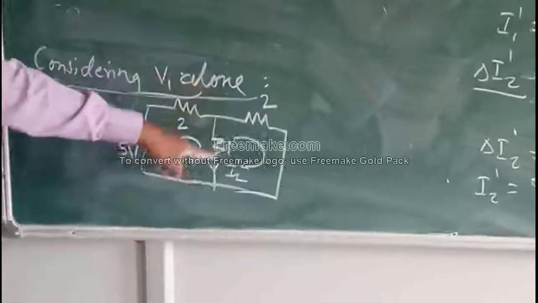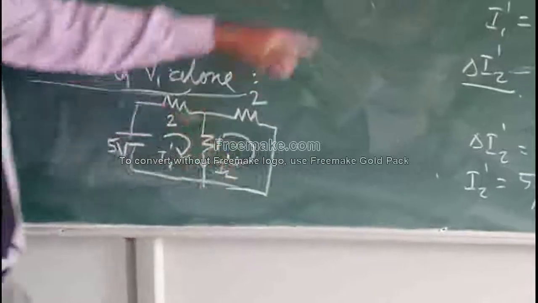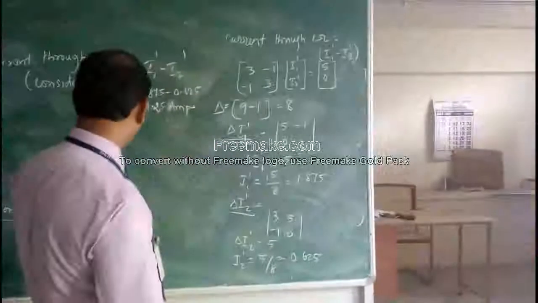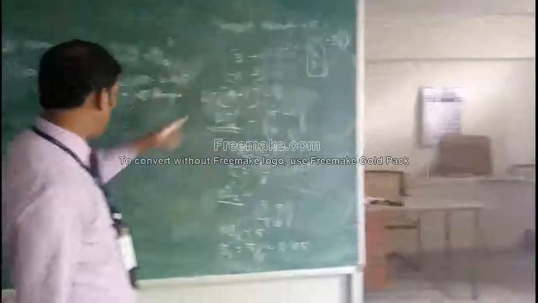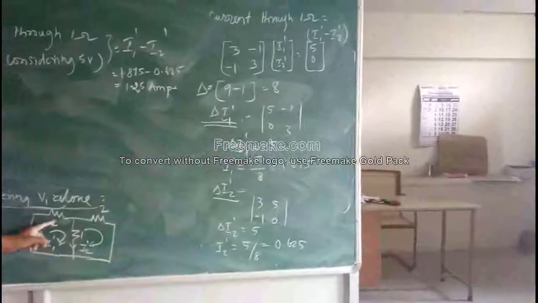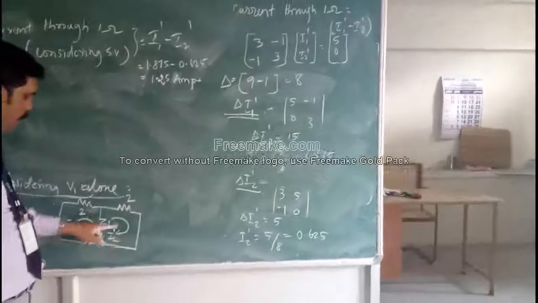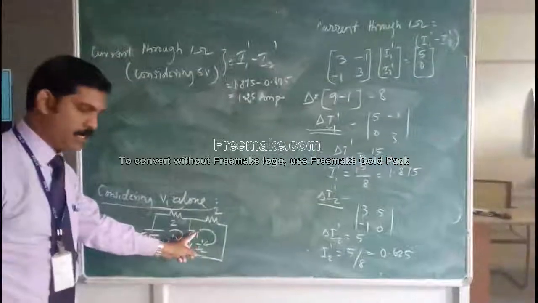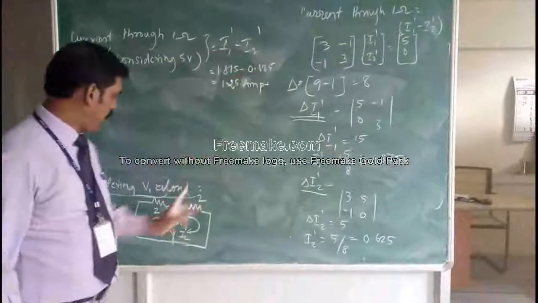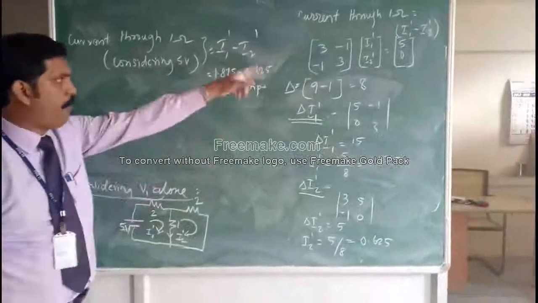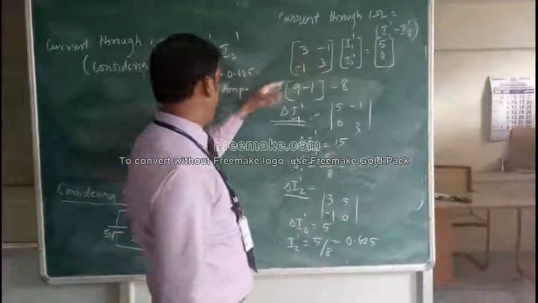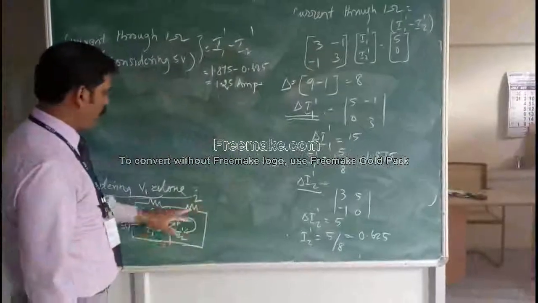So now the current flowing through 1 ohm is I1 dash minus I2 dash. For this, if you go for matrix, directly you can write the matrix. In this particular loop, I got 2 plus 1, 3, and the common branch for loops 1 and 2 is 1 ohm. The current directions are opposite to each other, so I put minus. So 3 minus 1, and if you consider the second loop, in the second loop alone you got 3.